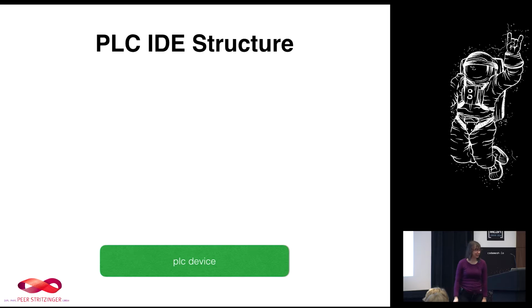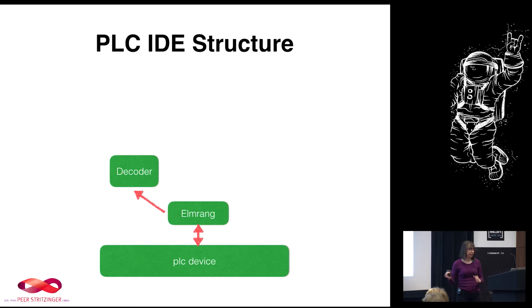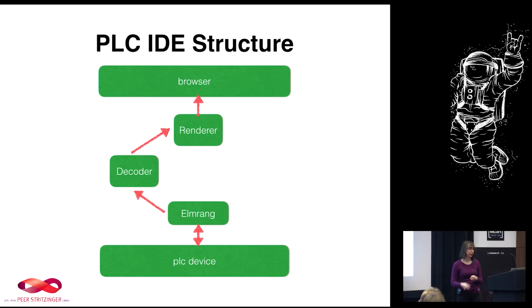So the PLC IDE structure is, we have the PLC device, where we just saw what happens on that, and we have a WebSocket library, which is a component, and we'll talk about later what a component is in this. And then it gets the JSON messages to another component, which is the decoder. The decoder sends them to the renderer, which keeps all the state in the app and also renders it to the browser.